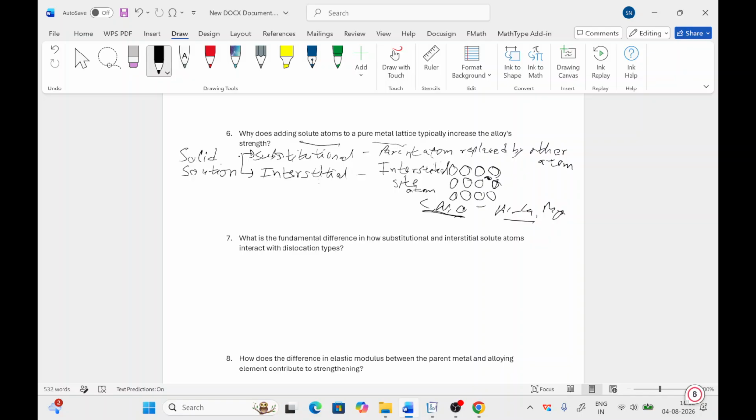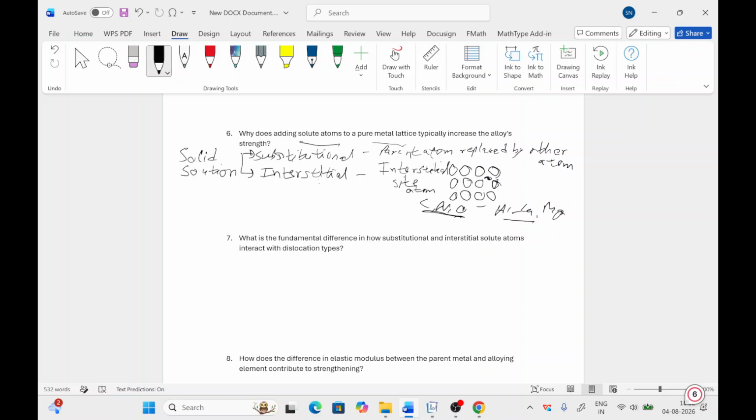So by forming the substitutional or interstitial solid solution, they create some type of strain fields in the pure metal lattice. Because of the creation of that stress field, the motion of the dislocation will be harder as compared to the previous condition where no impurity or substitutional atoms are there.